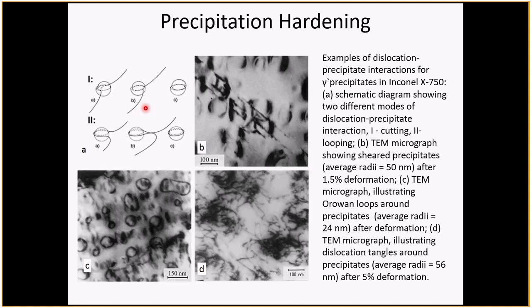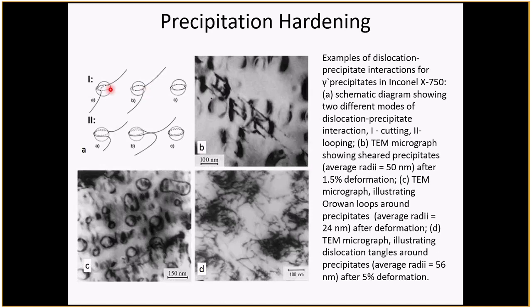And in terms of the yield strength, if you were thinking about aging the material, when the precipitates are small, let's say you have a quenched material with lots of small precipitates, this would be the one mechanism that would be applied.